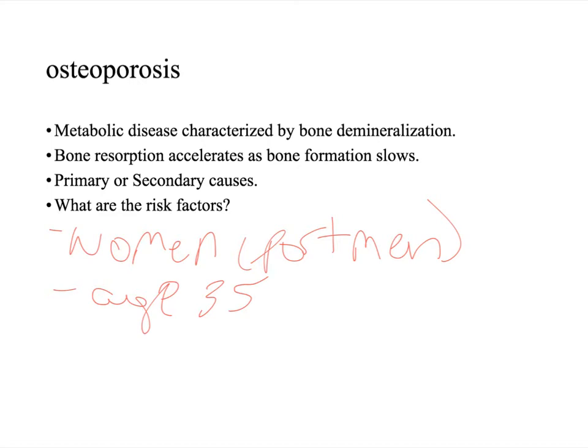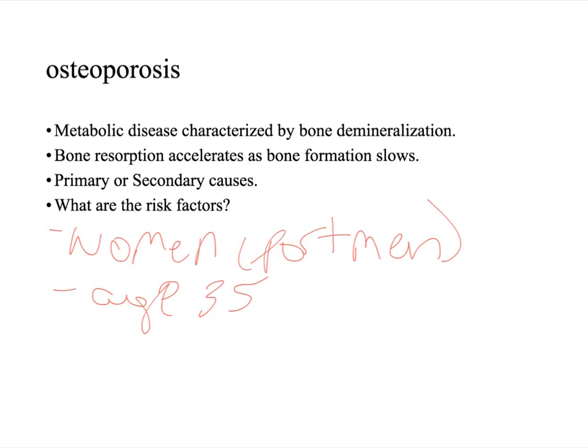Primary osteoporosis is caused by a combination of genetic, lifestyle, and environmental factors. There's a great table in your book that lists the risk factors for primary osteoporosis. Those are things like age and gender. Women, of course, like I said, are a little bit more at risk.